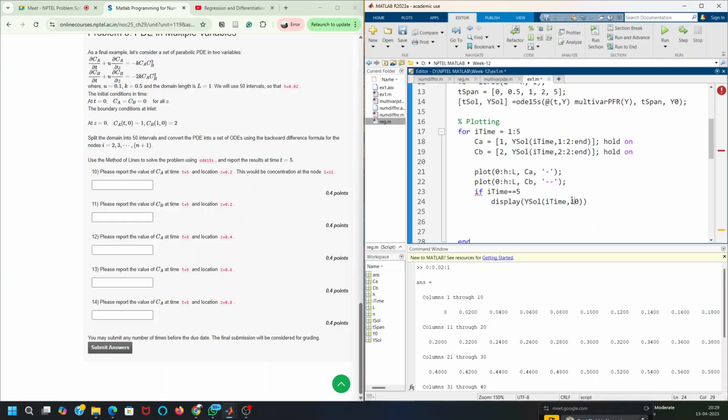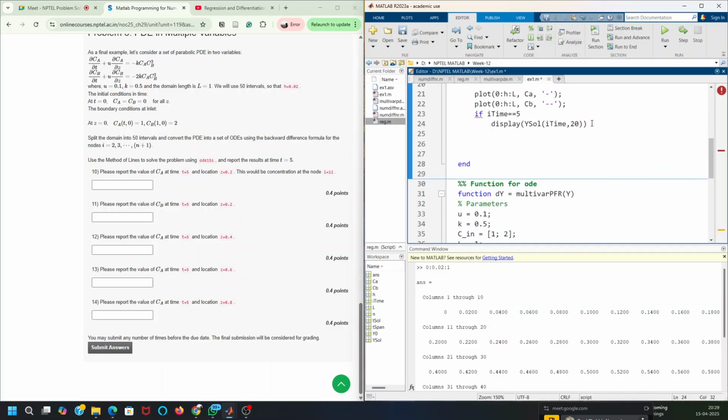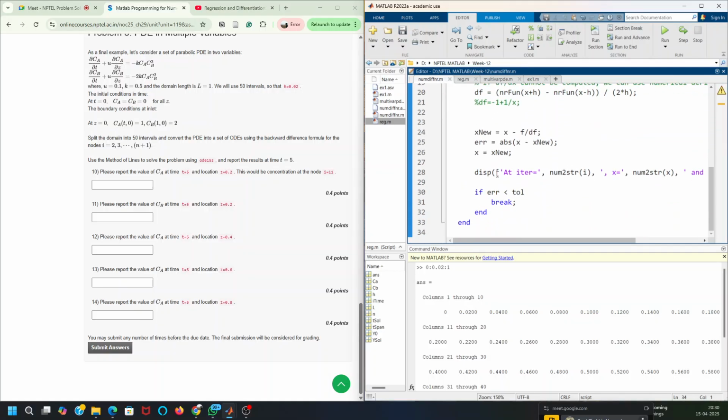This will become 20. How many? I can just write that.